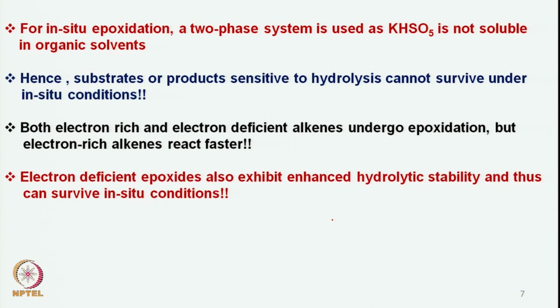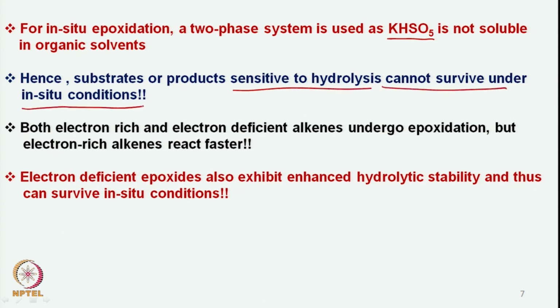For the in situ epoxidation, a two phase system is used as this potassium monoperoxysulfate is not soluble in organic solvent. So we can use water, dichloromethane or something of that sort. Hence substrates or the products which are sensitive to hydrolysis cannot survive under these conditions.